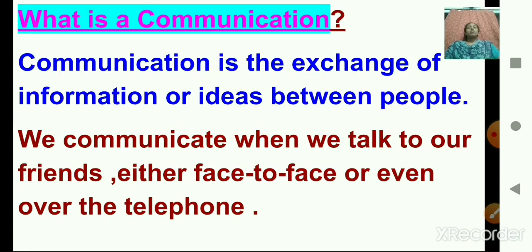Now first of all, let us see what is communication. Communication is the exchange of information or ideas between people. That means the sender will be one and receivers can be many.